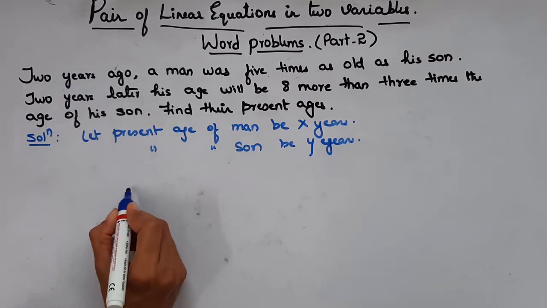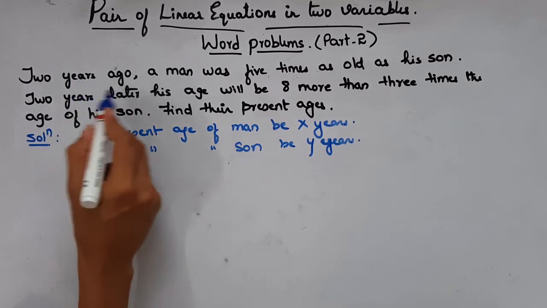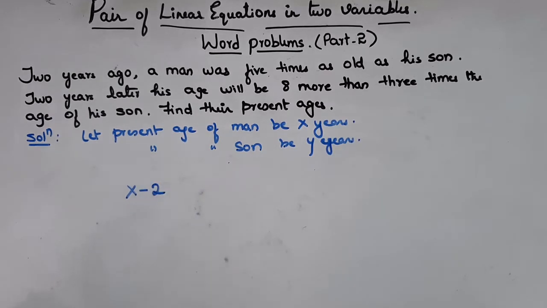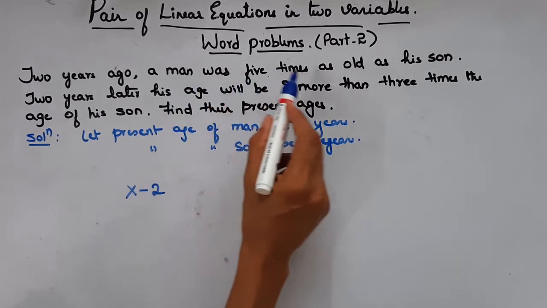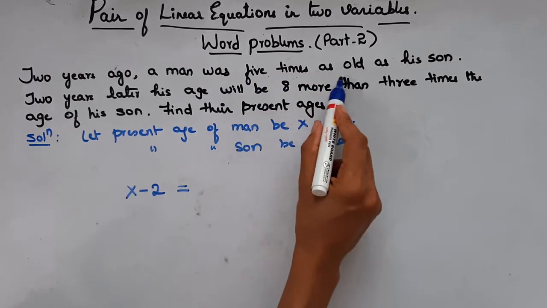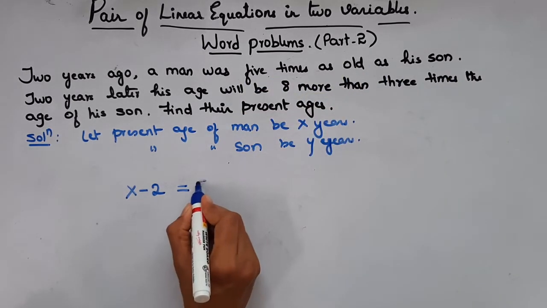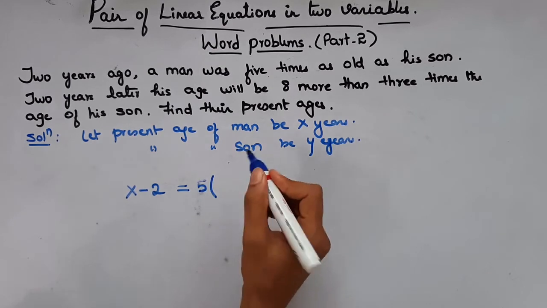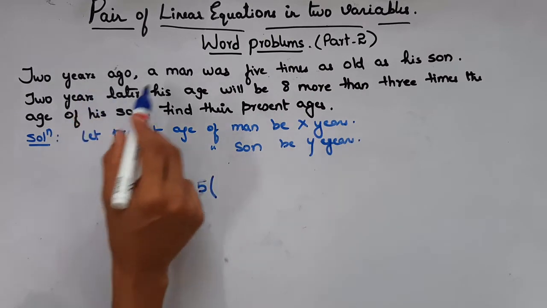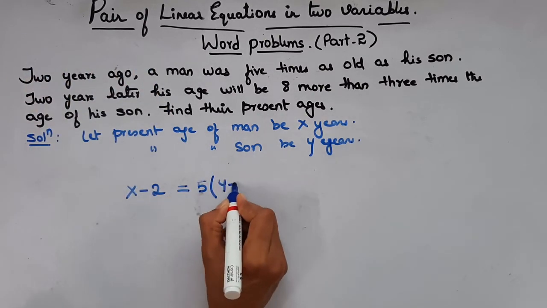The present age of the man is x, right? So 2 years ago means before 2 years, so minus 2. The man was 5 times as old as his son. The present age of the son is y, so 2 years ago means y minus 2, right?